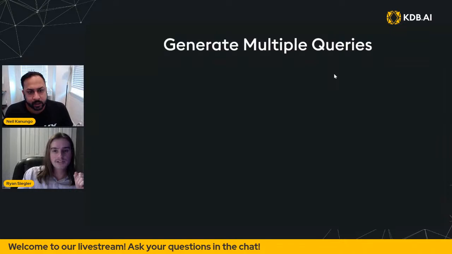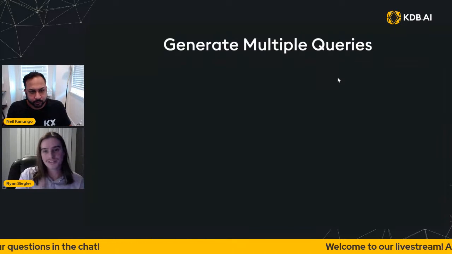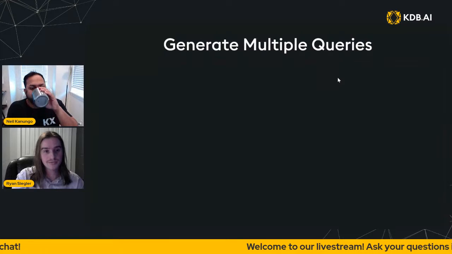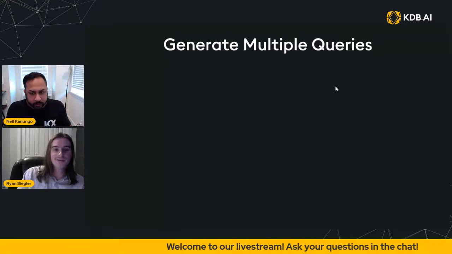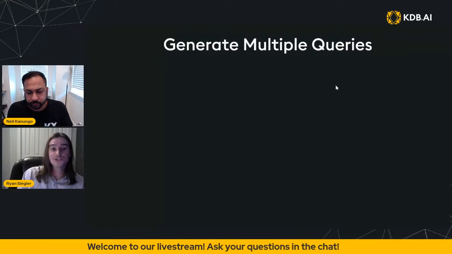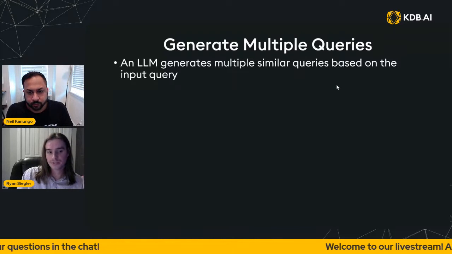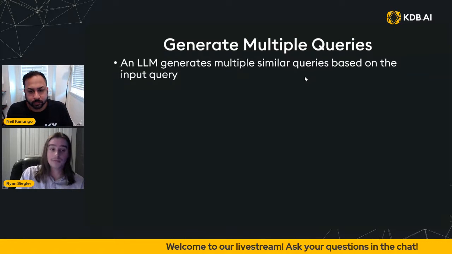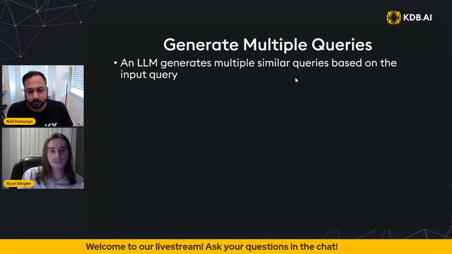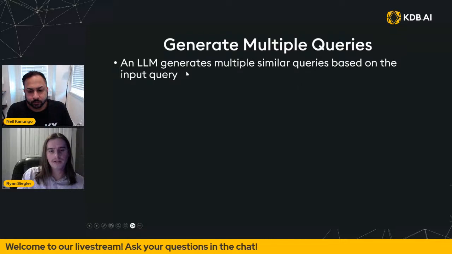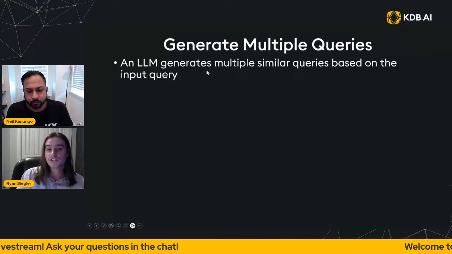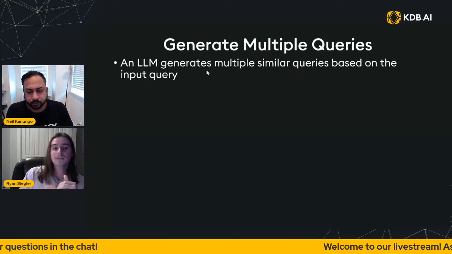All right, so the last slide is sort of looking up front in this process to when the user is writing a query. And it turns out that users don't always write the best queries. So what we can do is use a special retriever, and LangChain has this option, and LlamaIndex might as well, but I know the LangChain one, where the LLM will actually generate similar queries based on the user's input query.